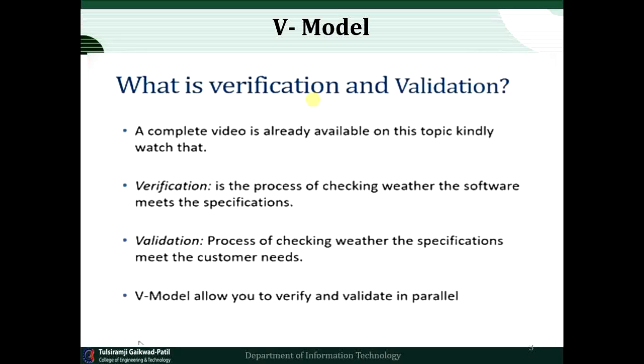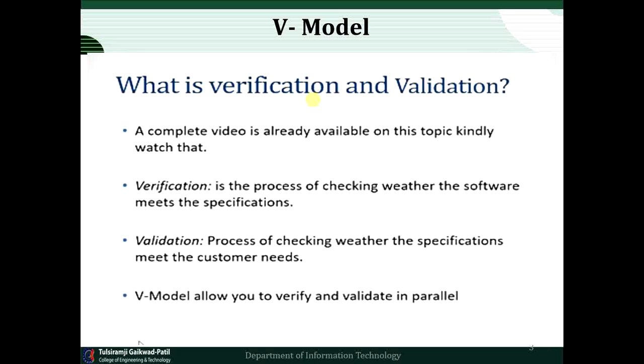What are verification and validation? Verification is the process of checking whether the software meets the specifications or not. When we design any model, we need different types of specifications according to the requirement phase or any phase.